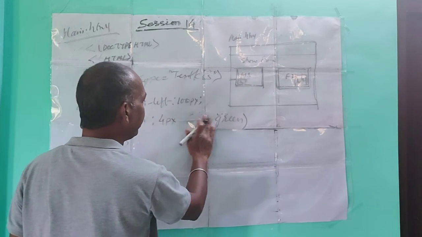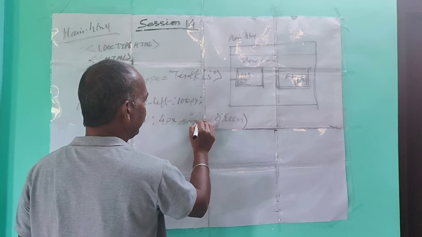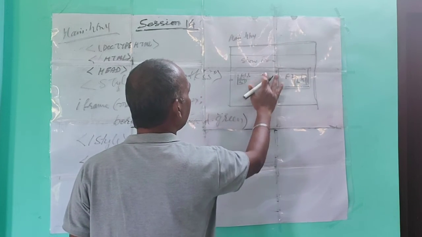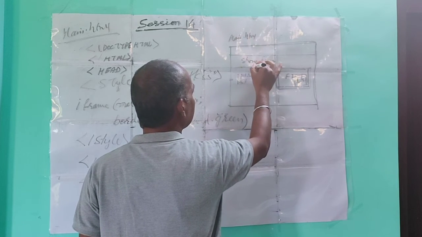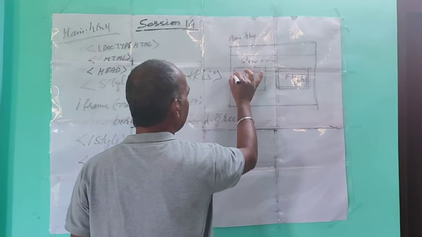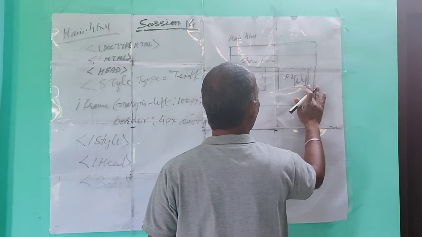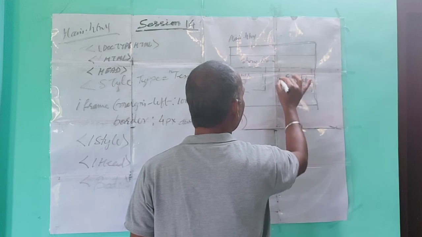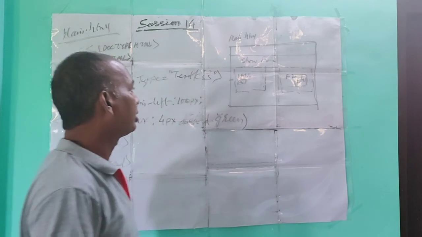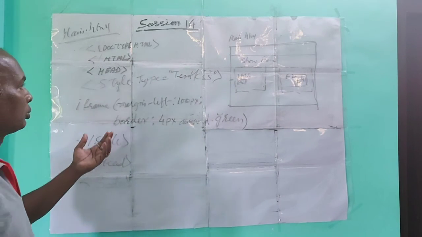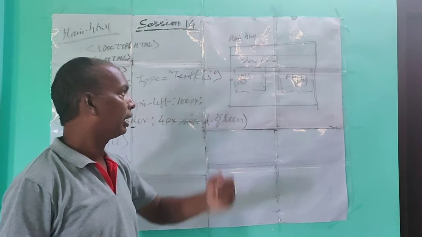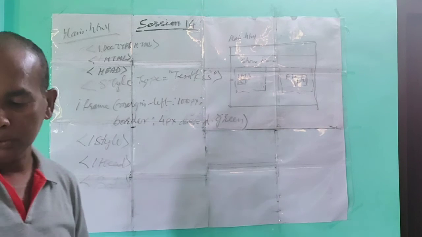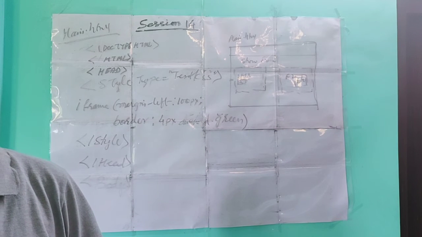If you write dashed green, then the border will be dashed like this for both frames. In this way we can change the size, the border, and the frame of the screen. The examples are given in your book. You can see them in the book.